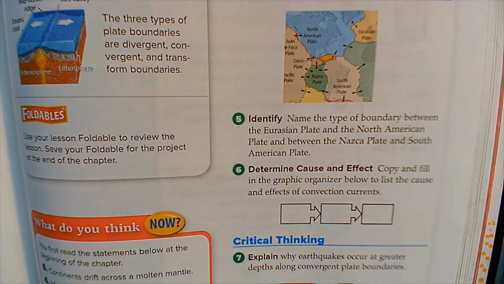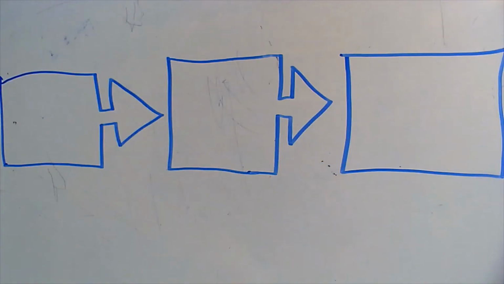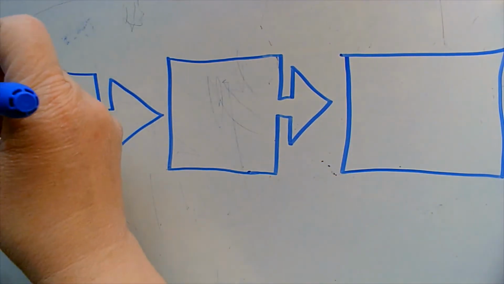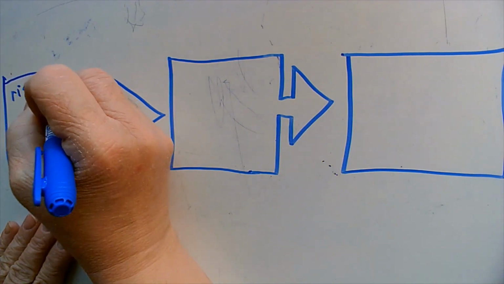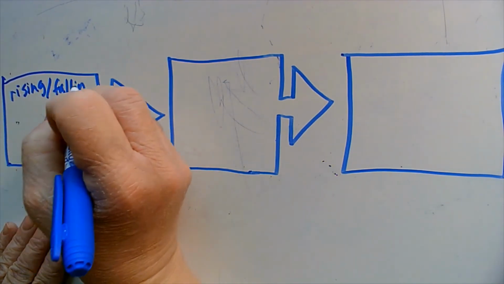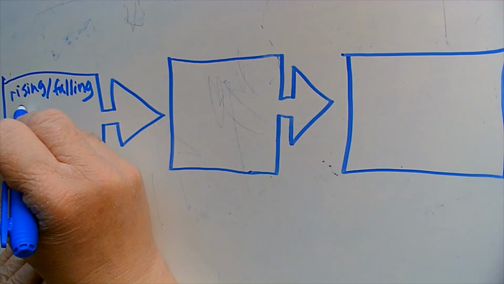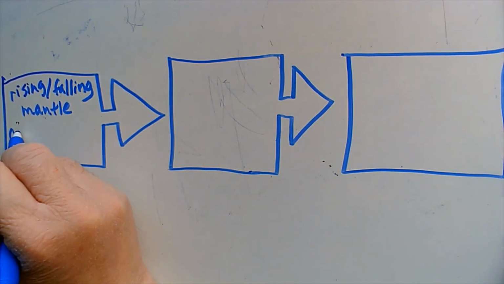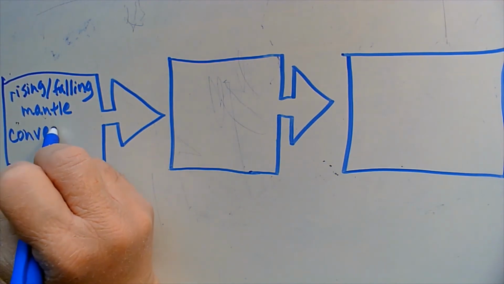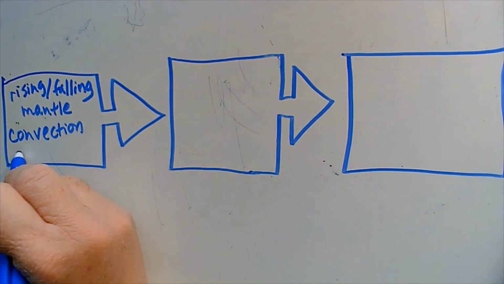Number 6, determine cause and effect. Copy and fill in the graphic organizer below to list the cause and effect of convection currents. Okay, so the rising and the falling of the mantle is what causes the convection currents. So we've got convection currents, and what do they do?